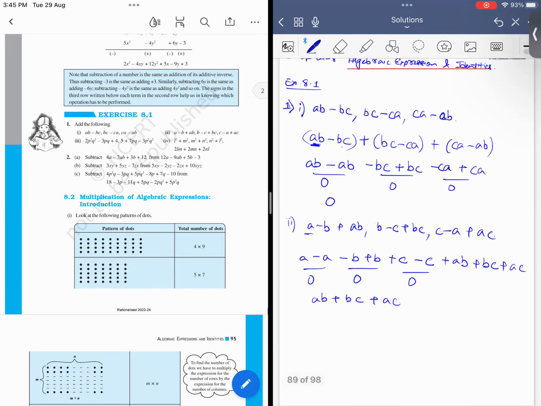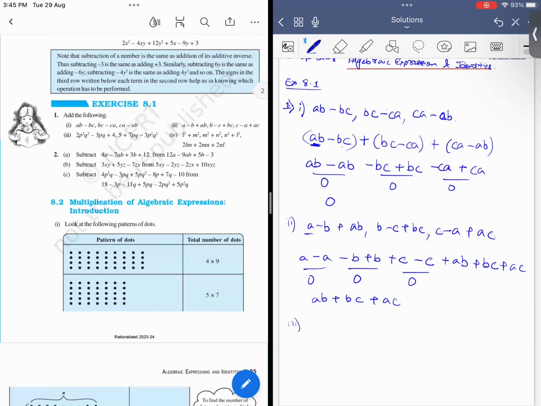Next, question 3, 2P square Q square. So again, I'm just writing the questions. So 2P square Q square minus 3PQ plus 4. And since we have to add, put an addition sign between them, minus 3P square Q square. Now look for the like terms again. So P square Q square and P square Q square, but their numerical factors are different.